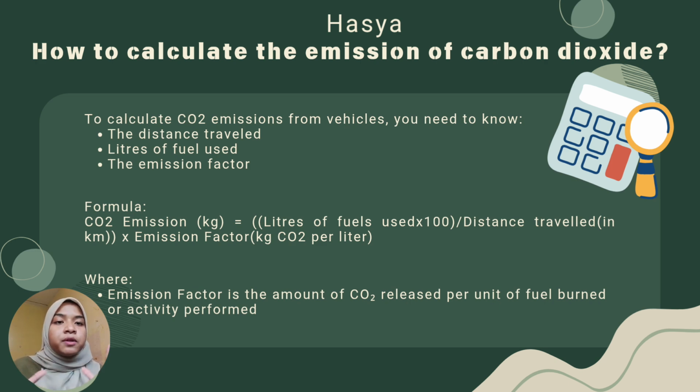So the formula will be like this. The carbon dioxide emission equals the fuel you use times 100, divided by the distance traveled in kilometers, times the emission factor, which is the carbon dioxide emitted per liter burned. So that's all.